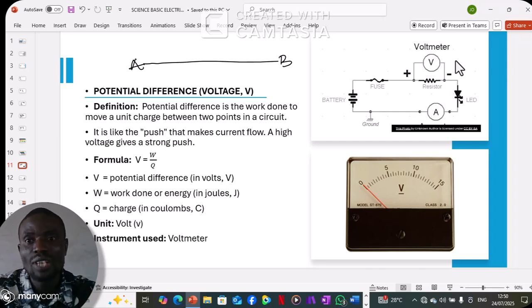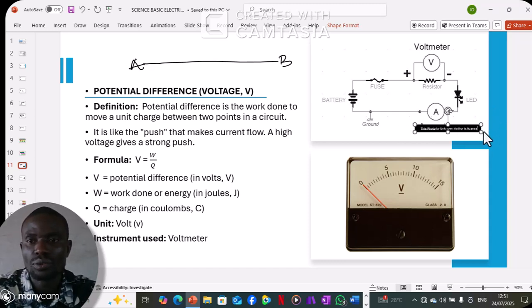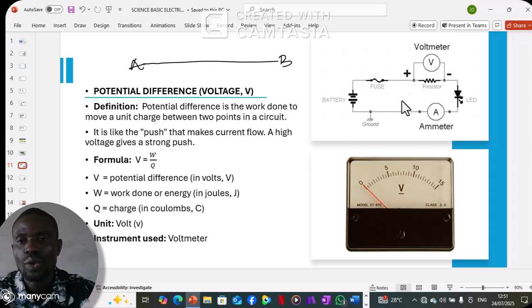And as we continue, I will show you other electrical components that we have, and their symbols, so that it will help you by the time you see them in the circuit.